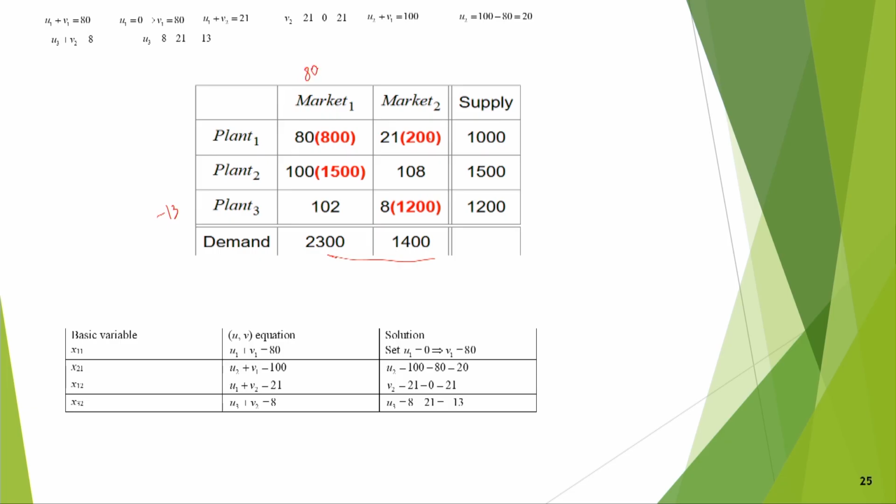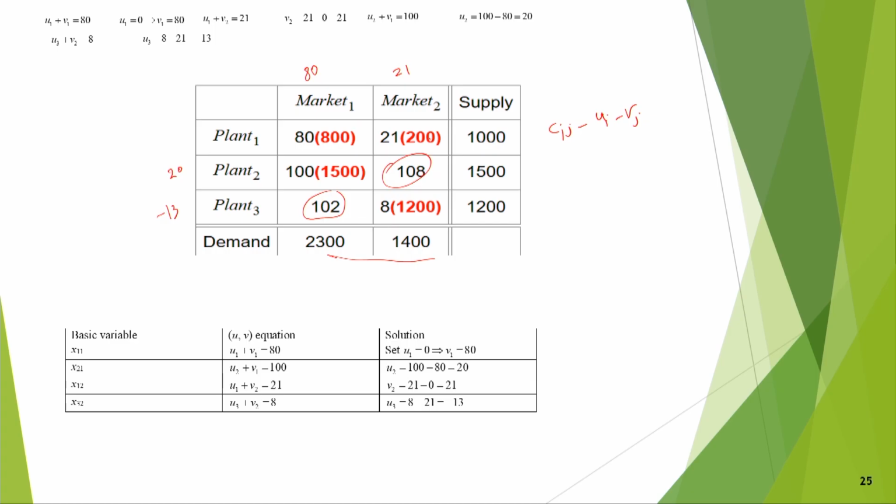And similarly here I got U2 equal to 20 and I am getting V2 is equal to 21. So, if you see that Cij minus Ui minus Vj, this thing will always be positive now, because 102 is a bigger one and this is minus. This is also positive. So that means my solution is optimum.